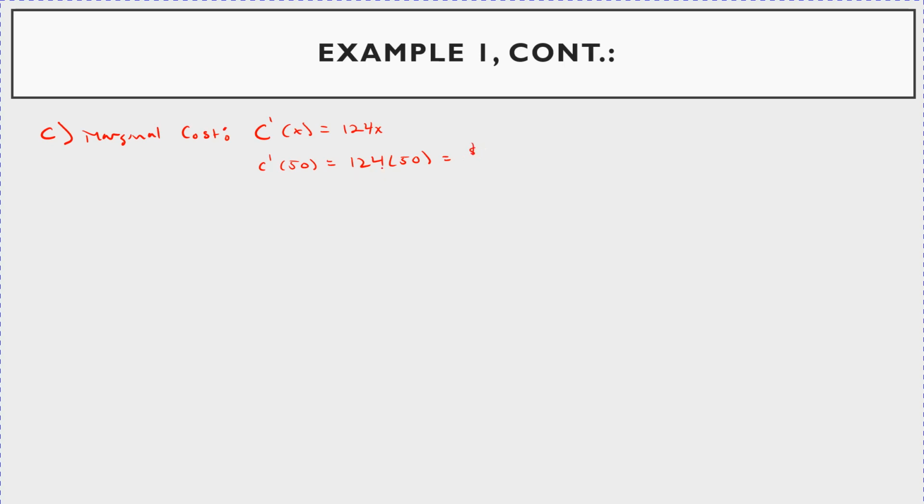If you do 124 times 50, it looks like it's $6,200. So that means it costs $6,200 to produce the 51st unit. Yikes.